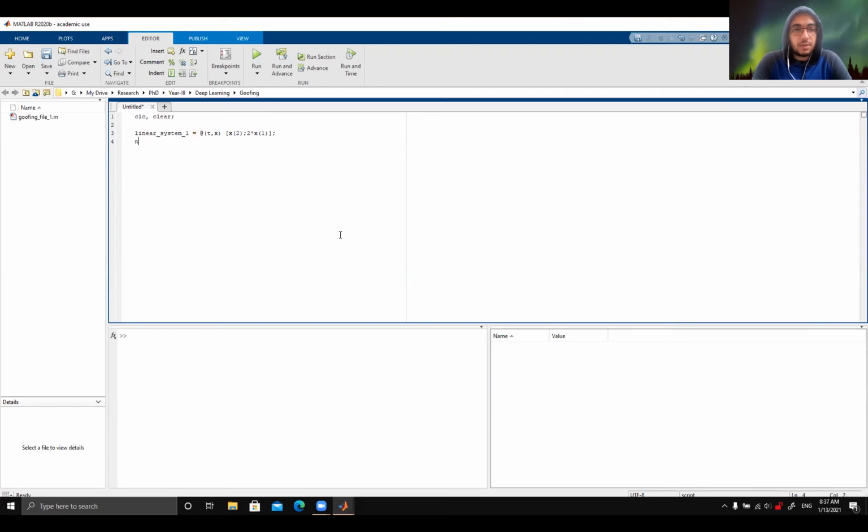Let me create another function, nonlinear system 1, is going to be equal to x2, this is x2, this is minus x1 plus x1 cubed.